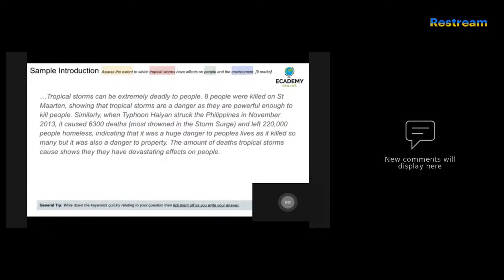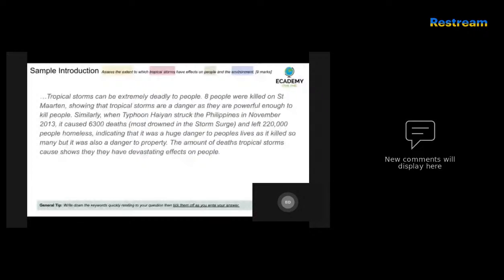So here's an example of an answer you've got here. Tropical storms can be extremely deadly to people. 8 people were killed on St. Martin, showing that tropical storms are a danger as they are powerful enough to kill people. Similarly, when Typhoon Haiyan struck the Philippines in November 2013, it caused 6,300 deaths.